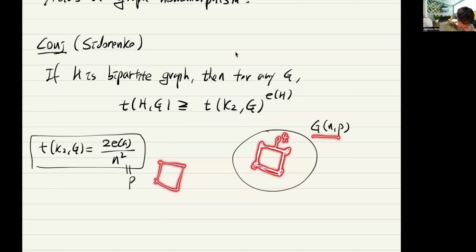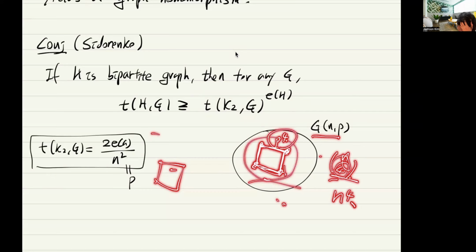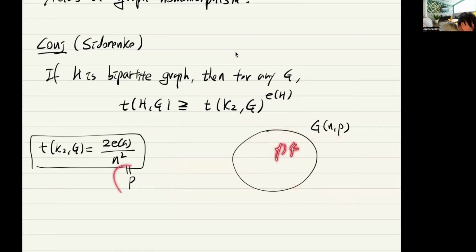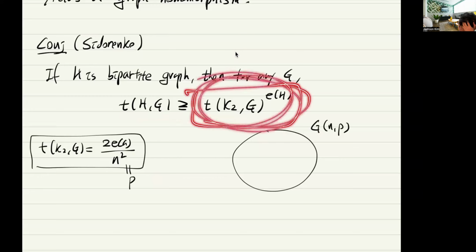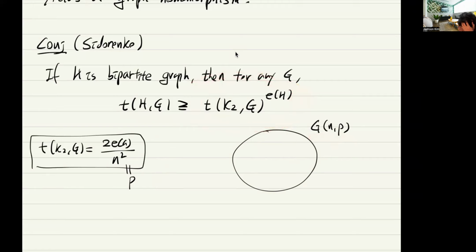Of course, you have to do that for all n to the 4 choices. And then you have to consider the permutations. But anyway, for each one, the probability that it becomes an actual homomorphic copy is p to the 4, and p is this one. This is exactly the number of homomorphic copies of H in the random graph.